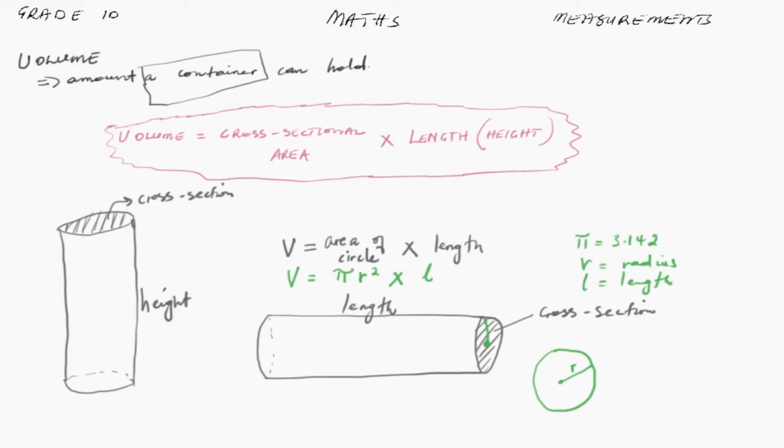Now let's look at one other example. Let's say we have our cylinder in this situation here, and the radius here is 50 centimeters.